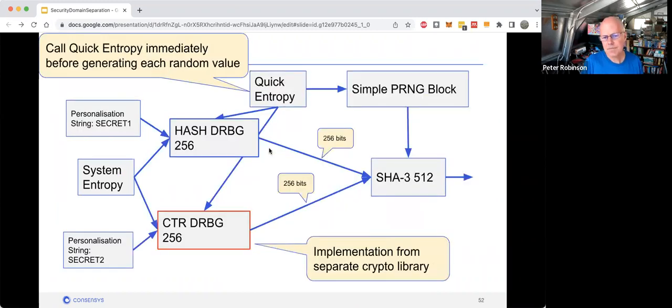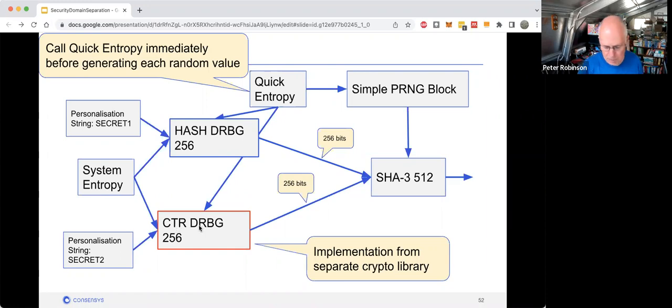So what you can do overall, if you're super paranoid, is have two cryptographic libraries, two completely separate implementations, and use two separate hash functions. So say you use Hash DRBG and CTR DRBG.